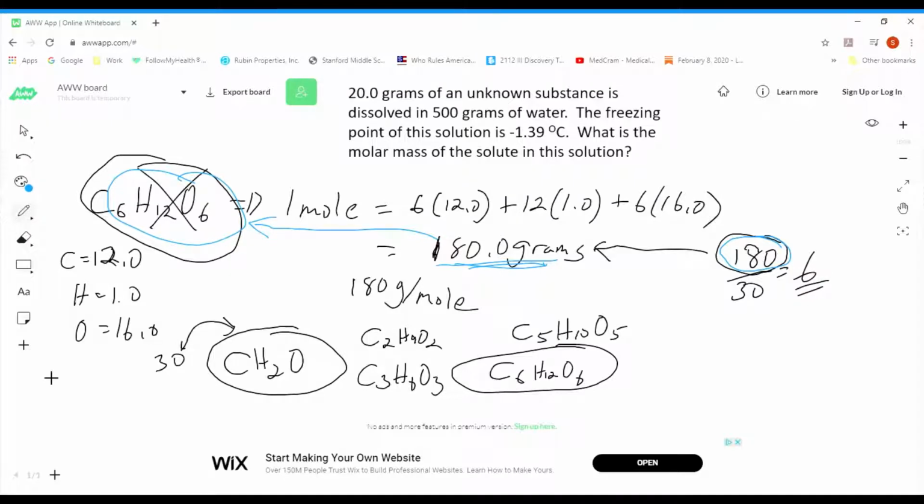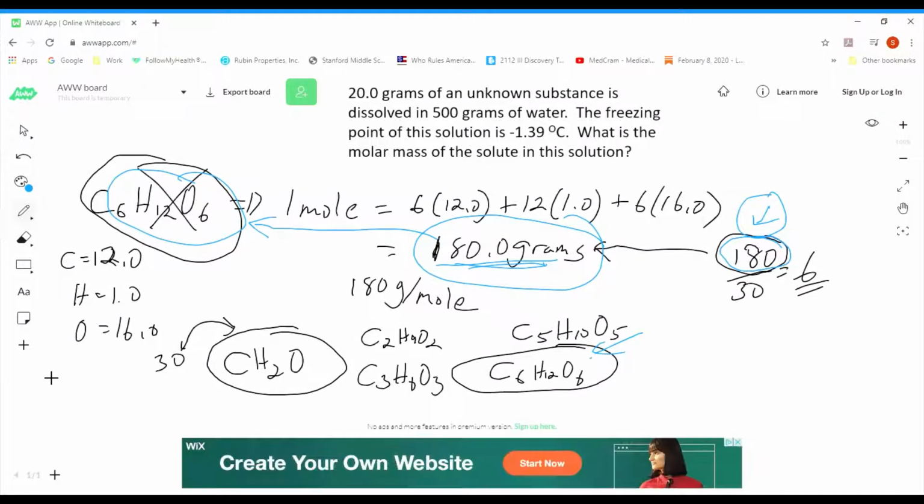So these problems may have seemed backwards to some of you: we're trying to figure out what this formula is, but we needed the molar mass first. If we don't know the formula, how can we figure out the molar mass? That's where freezing point depression comes in. We can figure out the molar mass of stuff without knowing the formula of it, and that's exactly what we're going to do in this problem.